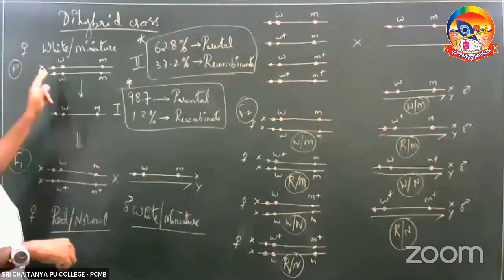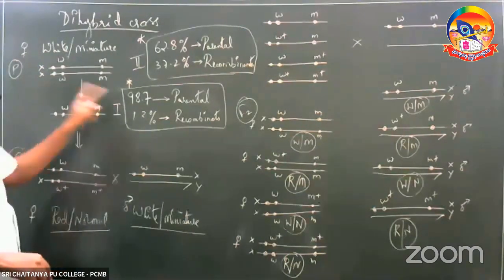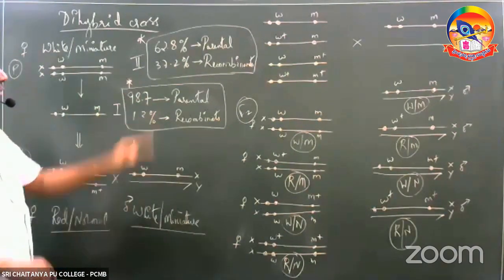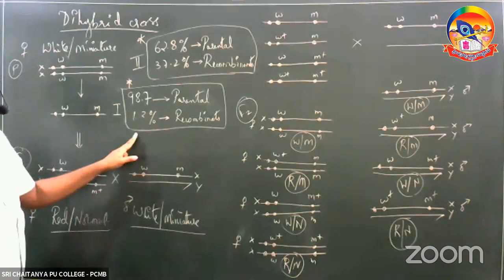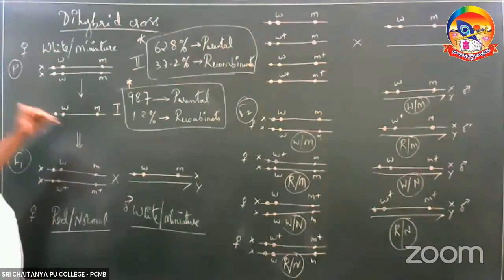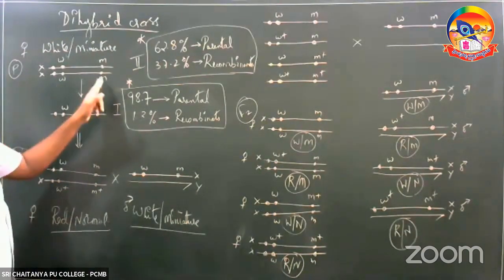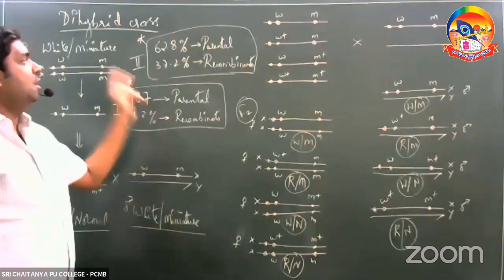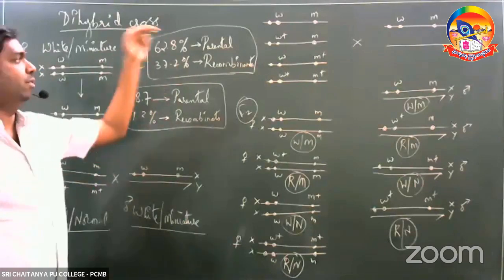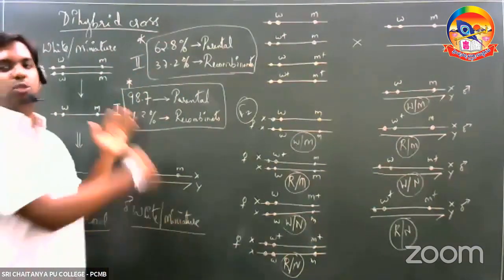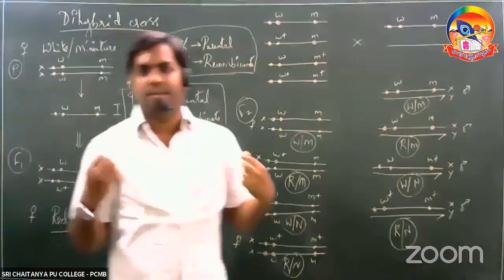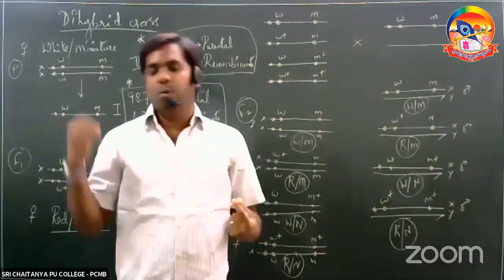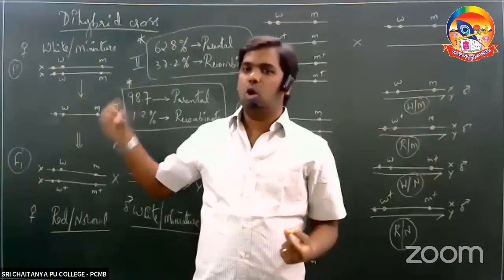In a cross between body color and eye color, parental types 98.7%, recombinants 1.3%. In a cross considering the eye color as well as the size of the wing, 62.8% were parental types and 37.2% were recombinants. So this is what we have with Morgan's dihybrid cross experiments with regards to the organism Drosophila.